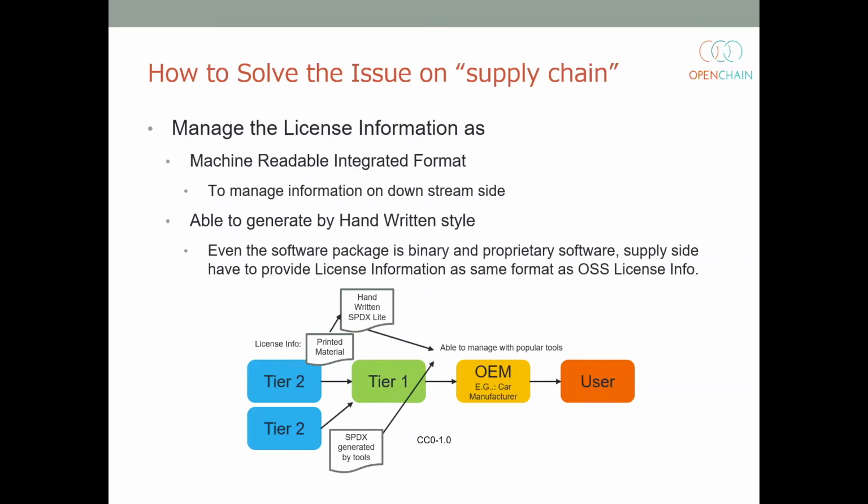So our sub-working group discussed how to solve those issues in the supply chain in real business. Before having discussion, we decided we have to achieve a machine readable integrated format for license information exchange.